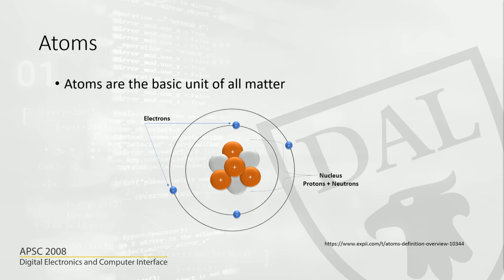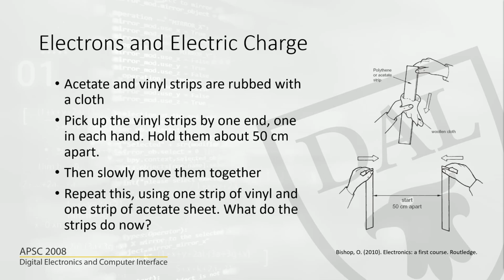Let's understand a small experiment. You can try this experiment with your kids to explain electric charge. An acetate strip and a vinyl strip is what is required for this experiment. You could purchase this off the internet. Let's take these strips and briskly rub with a woolen cloth.